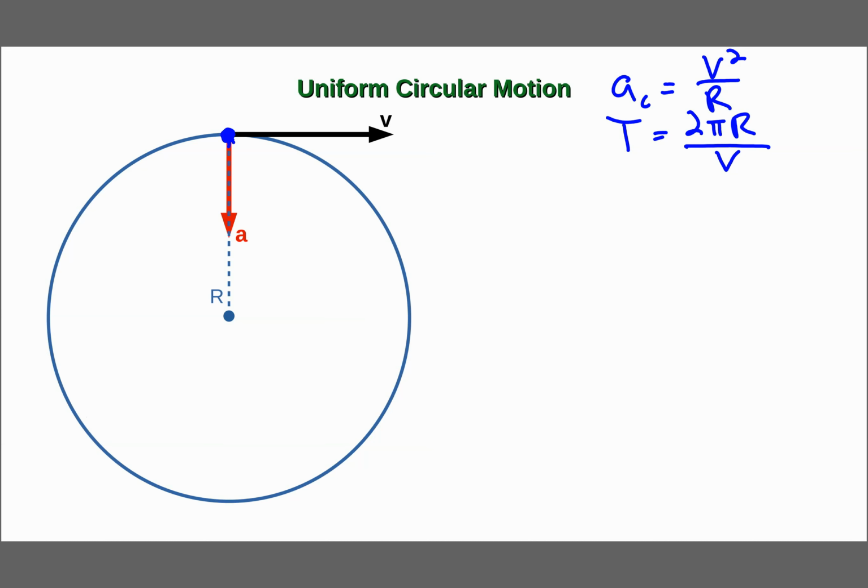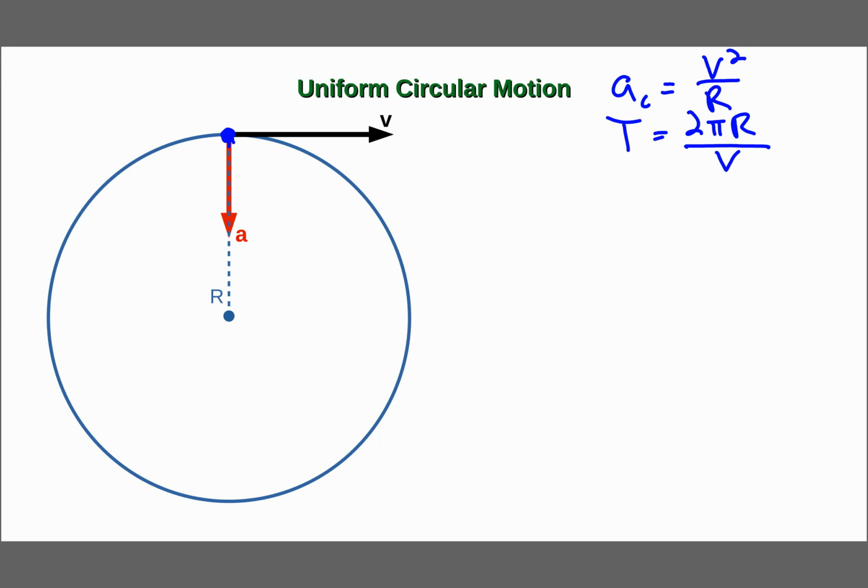When I hold their hands and I spin around, what I'm doing is very similar to when I turn a corner in a car, okay? There is no force pulling outward. I'm giving them a velocity, and their inertia makes them want to travel with a constant speed in a straight line. Me holding onto their hands is applying a force inward and forcing their velocity to change direction, okay?